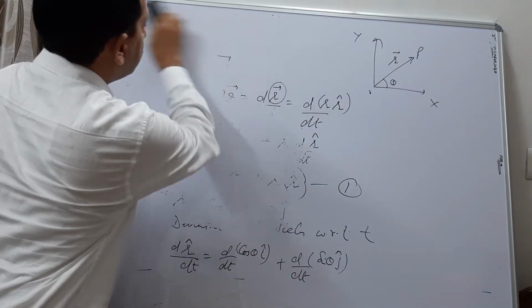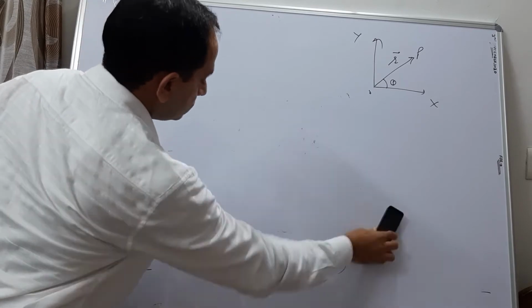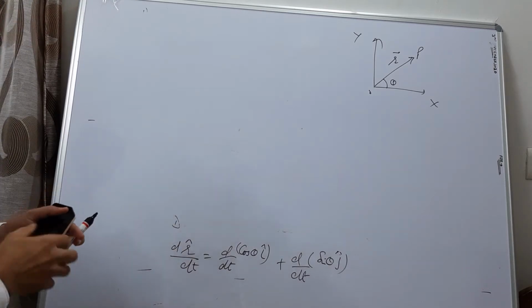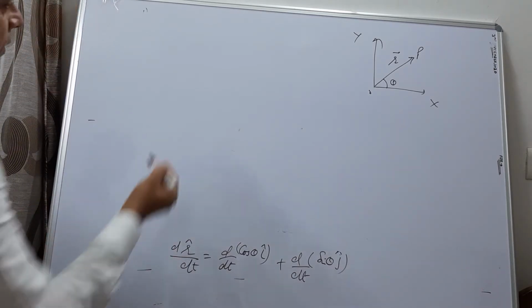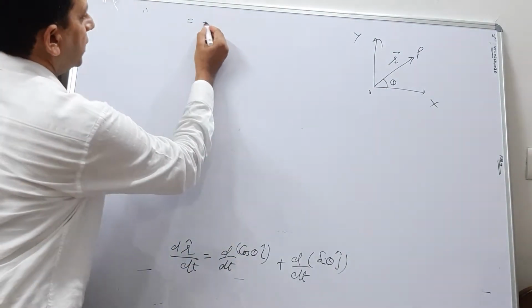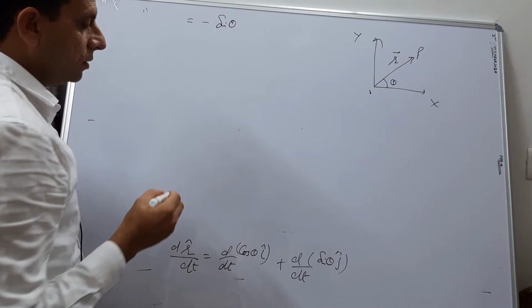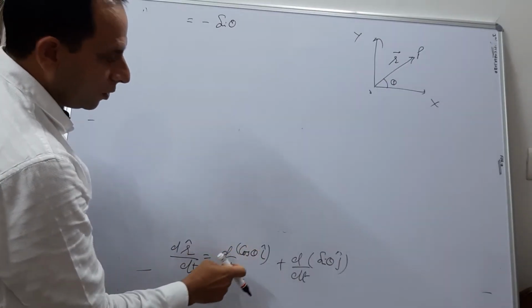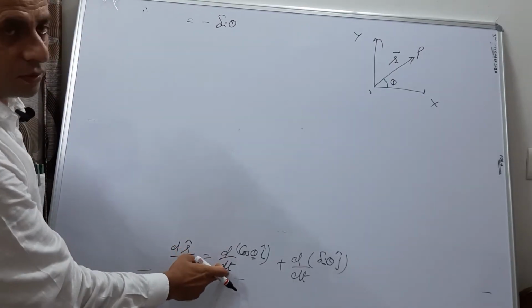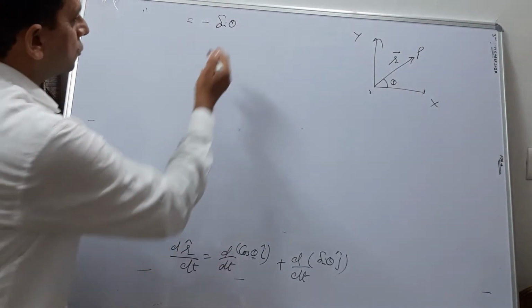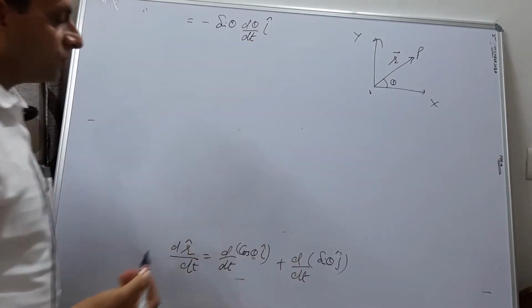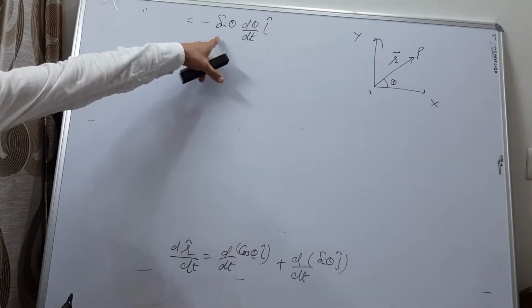Now, further we will solve this derivative by using trigonometric formulae. We know that the derivative of cos theta is minus sin theta into d theta upon dt, because here theta is a variable, but in the derivative the variable should be t. So, it is d theta upon dt, and i is constant. Is it clear?